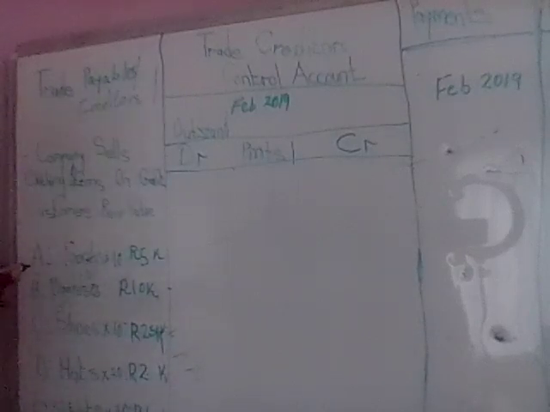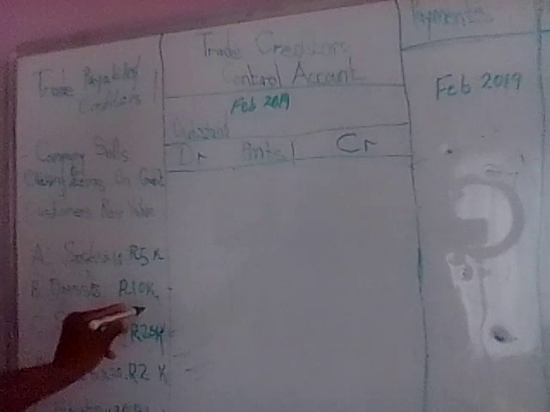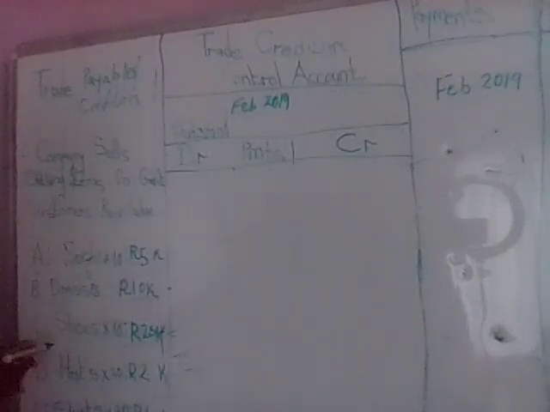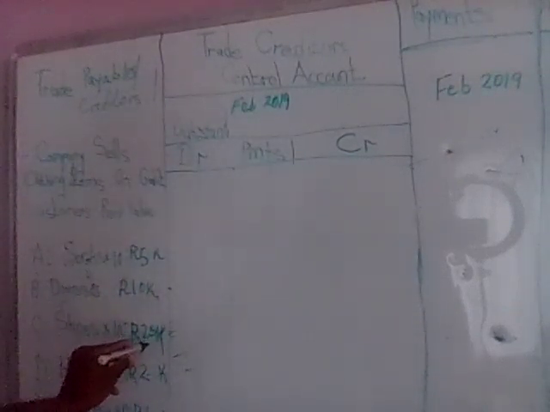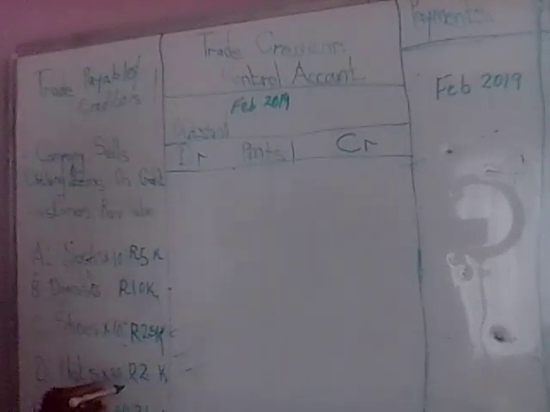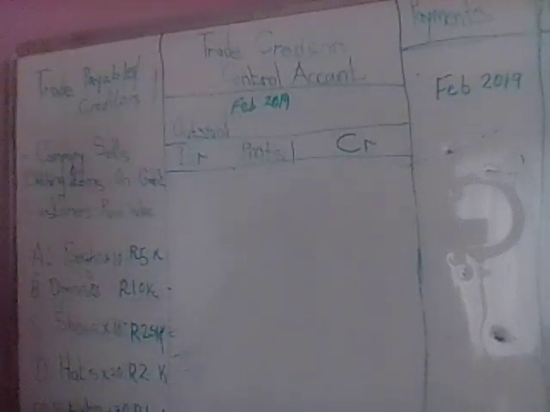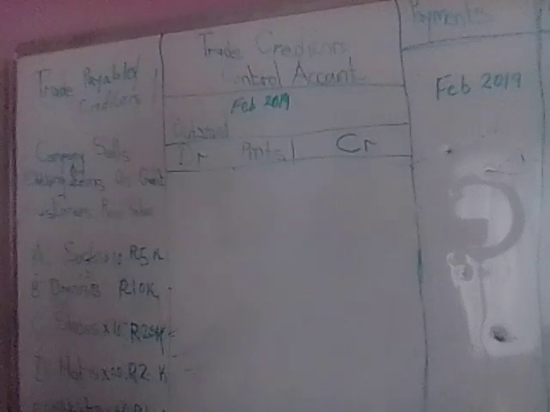So from supplier A, we bought socks for 5,000 rands, so there's a liability of 5,000 rand we initially recognized, and dresses were bought from supplier B for 10,000, and from supplier C we bought shoes for 2,500 rands, and hats were bought for 2,000 rands from supplier D, and the last supplier being E, we bought shirts for 1,000 rands worth. Okay, so that's basically where we are, just to make sure we don't miss anything.